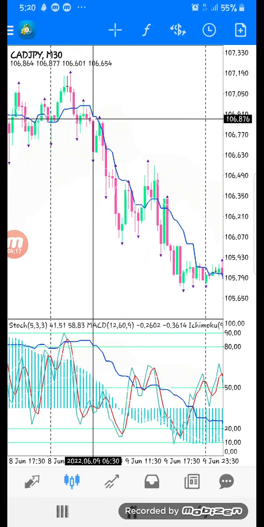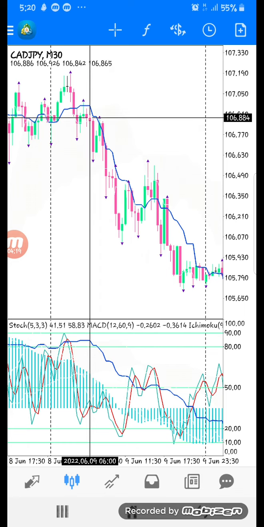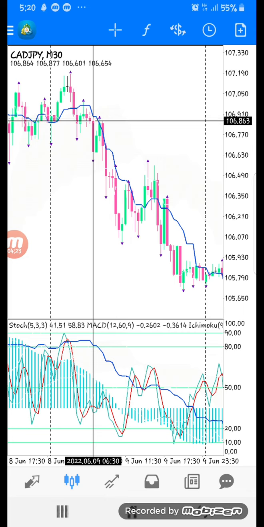This one curved it a little bit, but this candle is the one that now curved it. This is your entry, because you see this Ichimoku has curved downward here. This is where you enter.